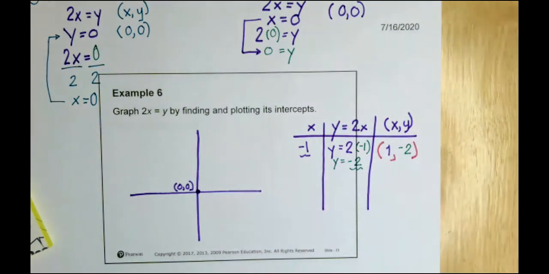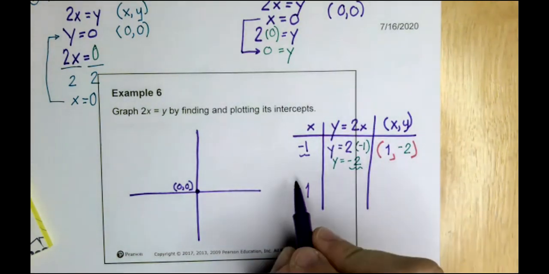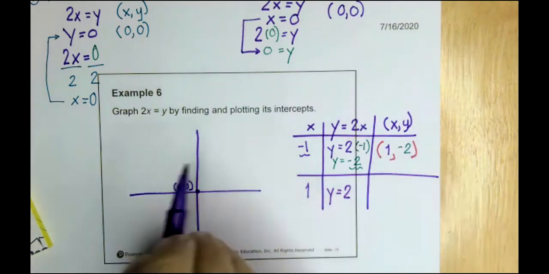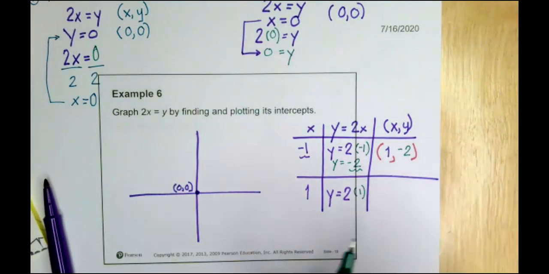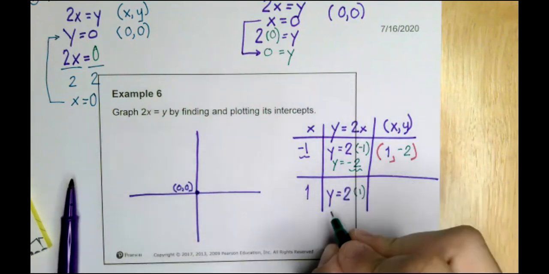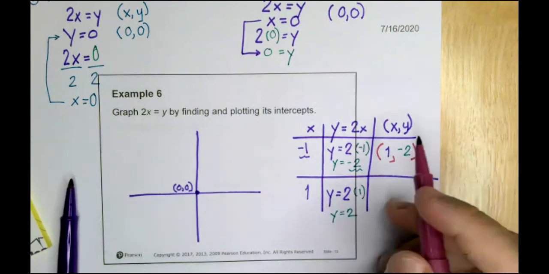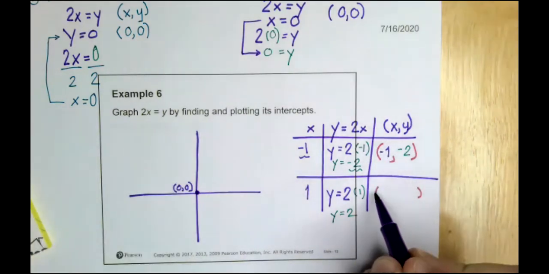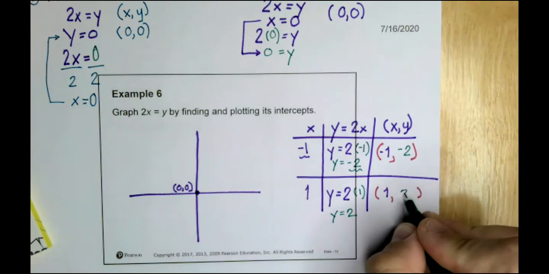All right, I'll do one more. Let's do 1. All right. Y equals 2. Instead of -1, we're going to say +1. 2 times 1 is 2, so y equals 2 when x equals 1. So now I have, oh, sorry, -1, -2. When it's +1, it's also +2.